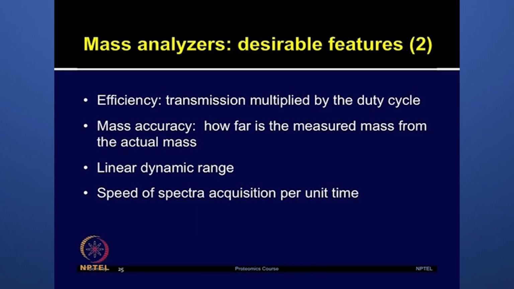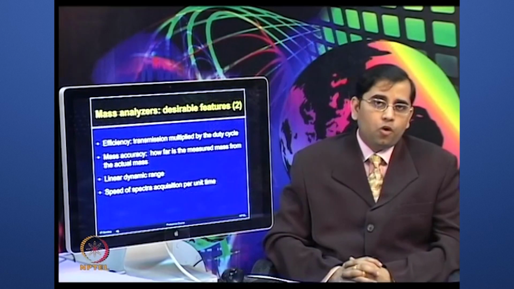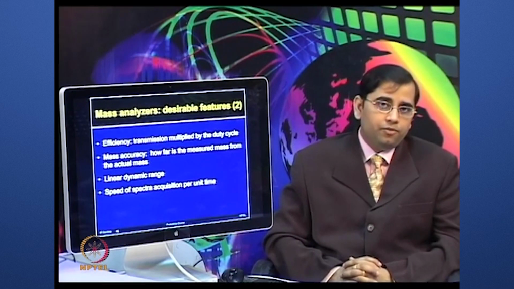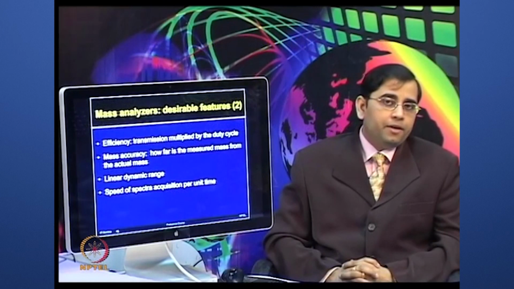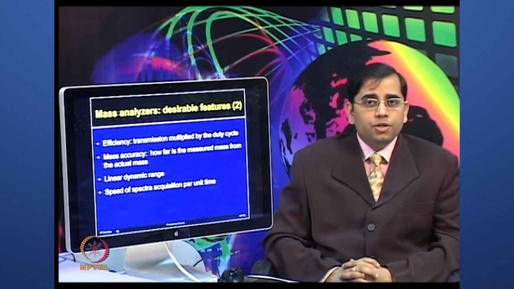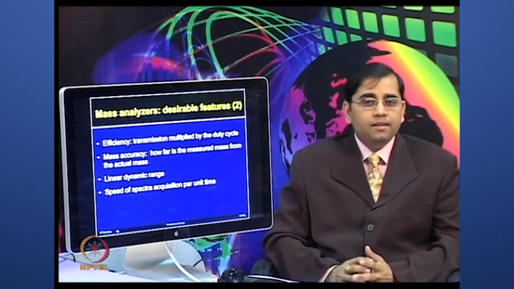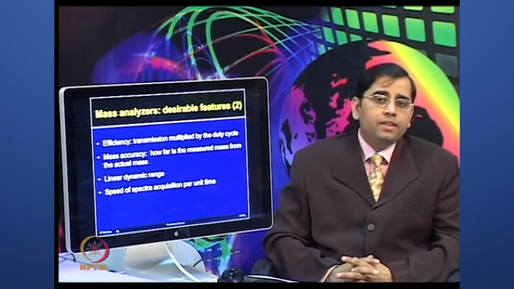Efficiency, the transmission multiplied by the duty cycle, which is defined as the fraction of ions of interest formed in a single ionization event. The mass accuracy: how far is the measured mass from the actual mass? It is expressed in ppm units. Linear dynamic range, the range over which an ion signal is linear with the analyte signal.